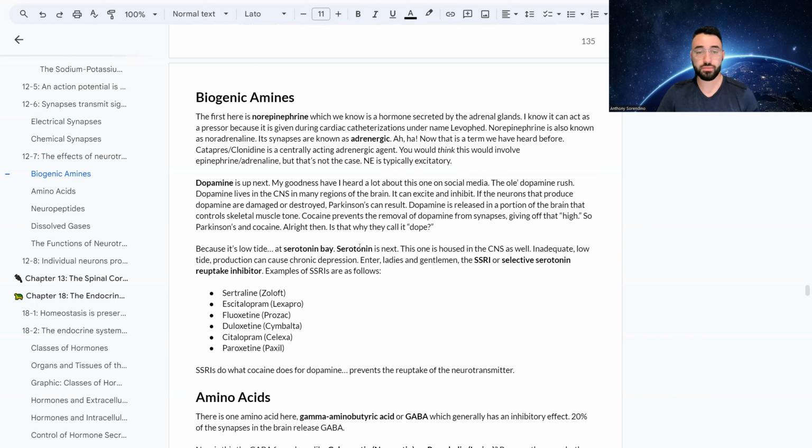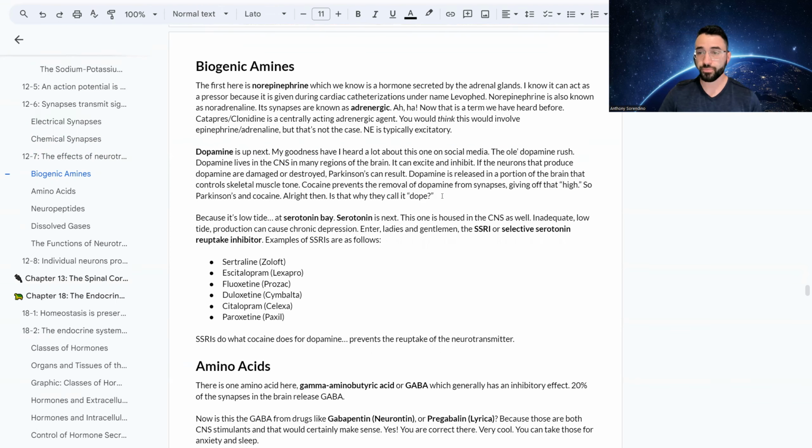All right, so dopamine is up next. We've heard a lot of this one on social media, like those hits of dopamine, the old dopamine rush. It lives in the central nervous system in many regions of the brain. It can both excite and inhibit. And if the neurons that produce dopamine are damaged or destroyed, you can get Parkinson's. So dopamine is really important with your muscle tone.